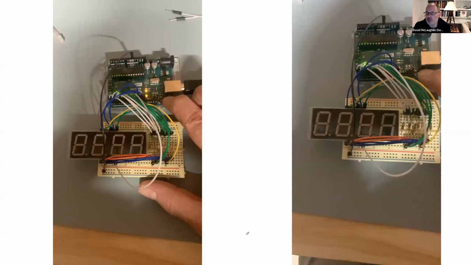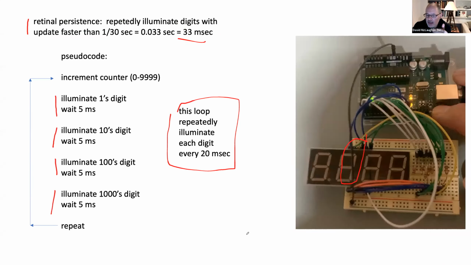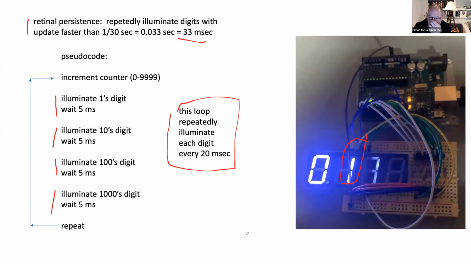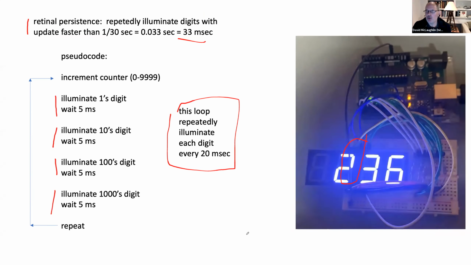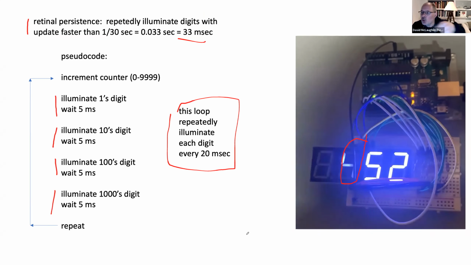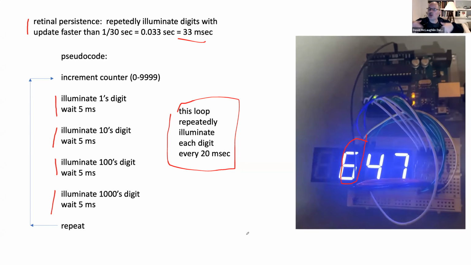Now, I'm going to show you another version of that. This code runs fast, right? If we run this, you can see it runs pretty darn fast. How do we slow it down? The loop is updating at 20 milliseconds, but suppose I want a slow counter. I want to slow the whole thing down.